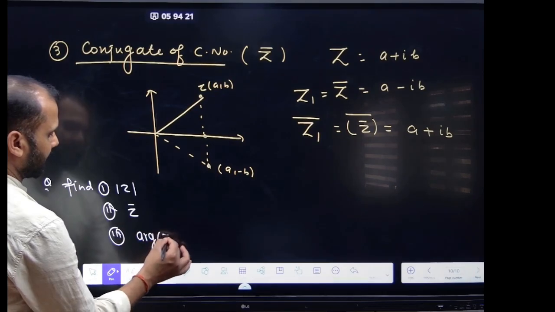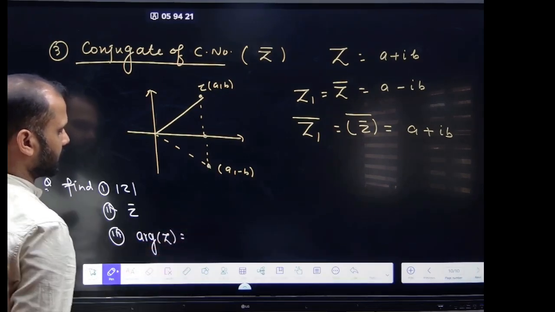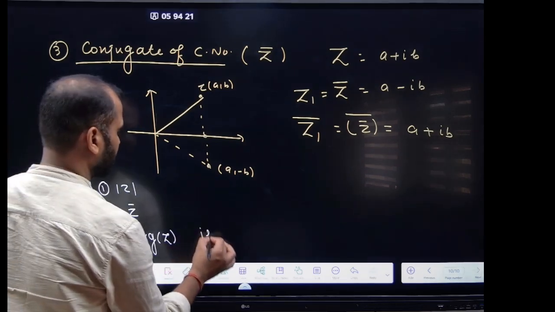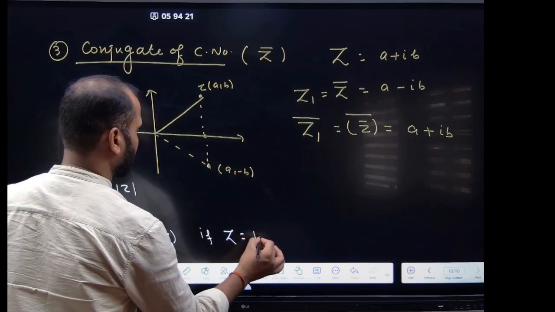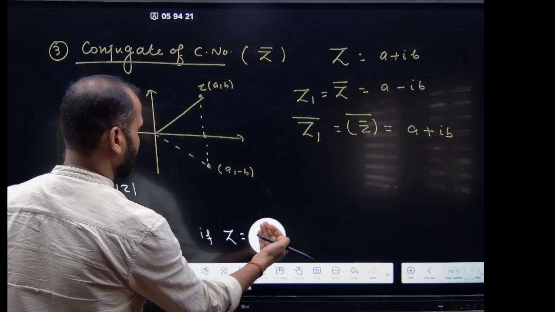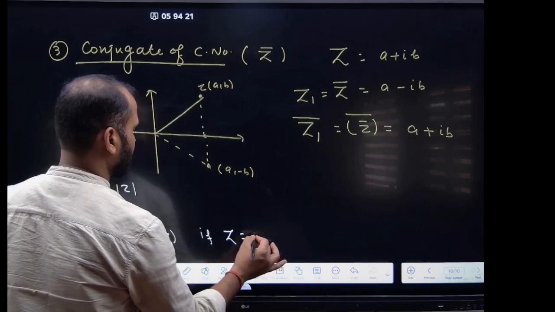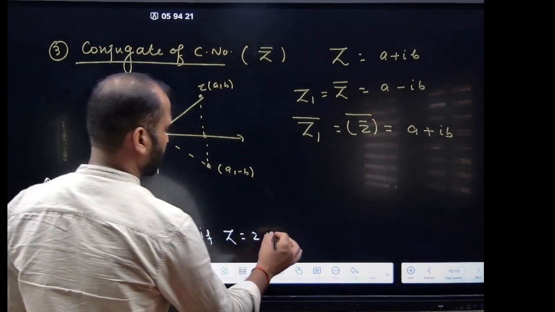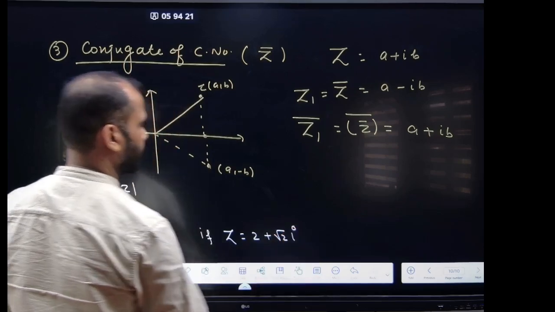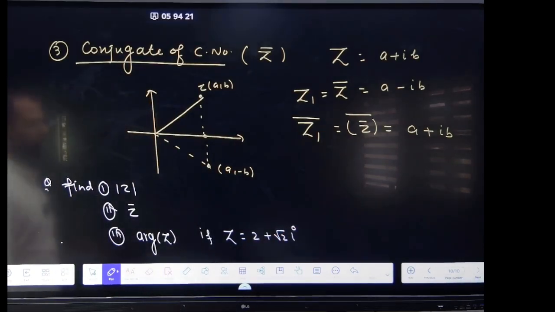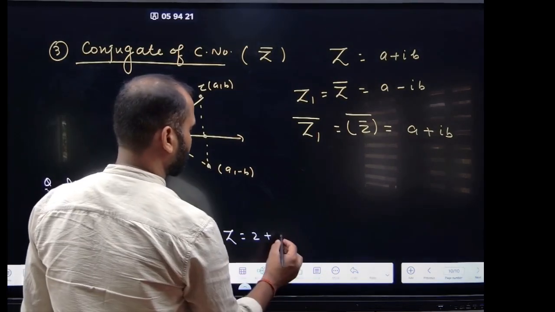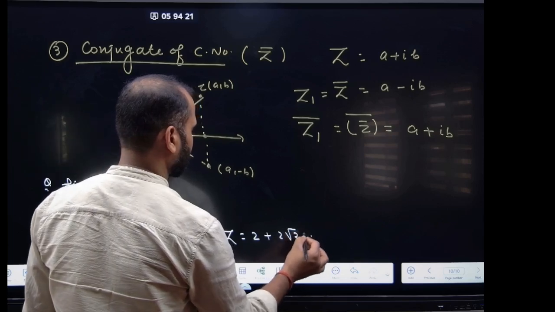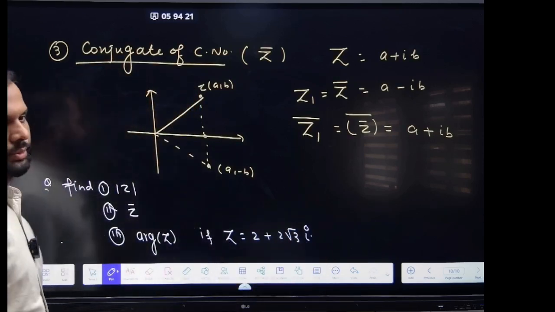In short, I will write argz, argument of z, of the complex number, if z is equal to 2 plus 2 root 3 iota.